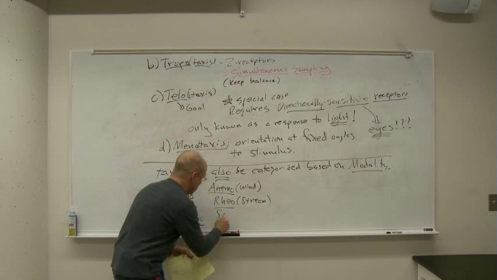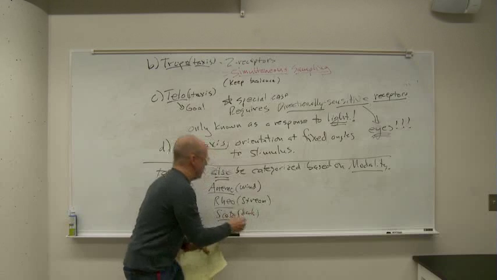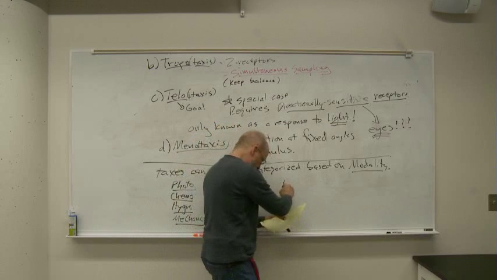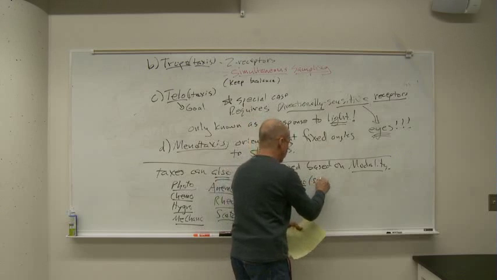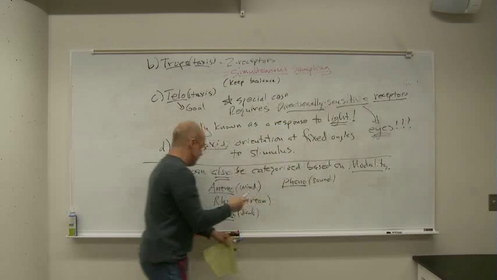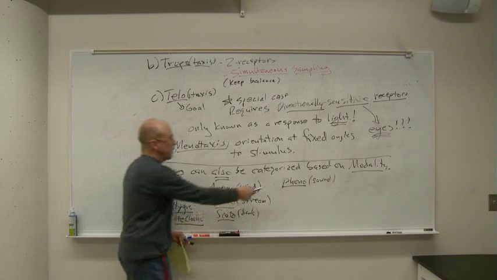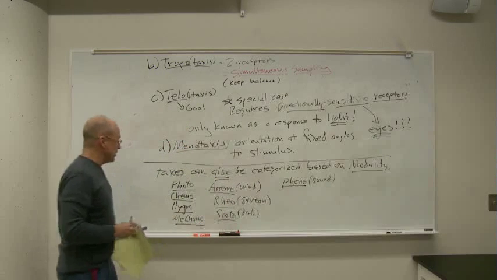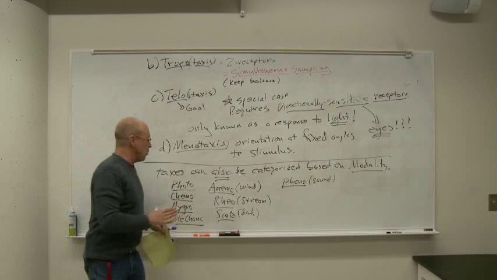And then scototaxis, this of course would be for dark. And then phonotaxis. Phonotaxis would be for sound. You guys might see that, hey, wait a minute, you already said phono in the form of mechano, but this one here is a little bit more specific. So there's several of the different kinds of taxis that we can have.